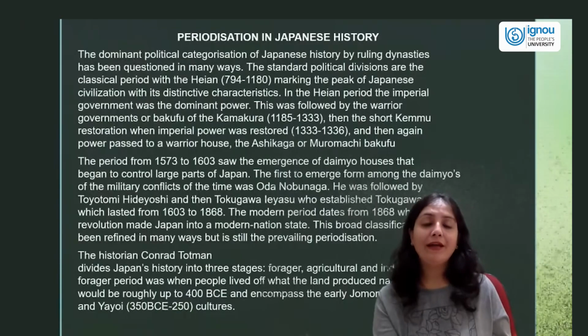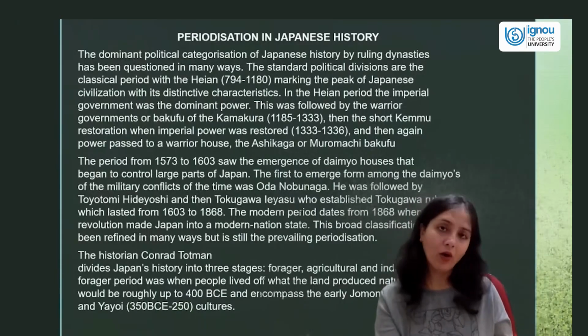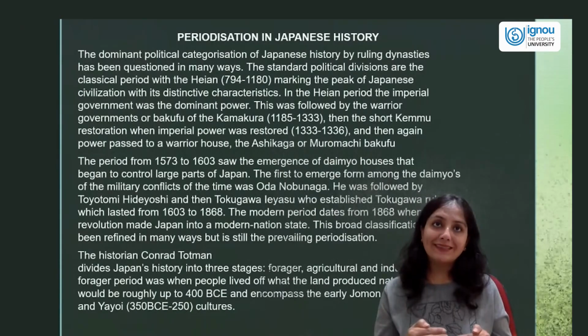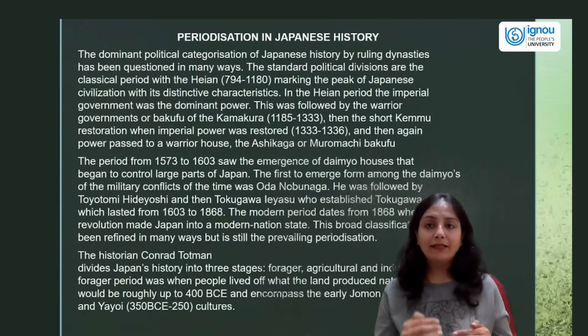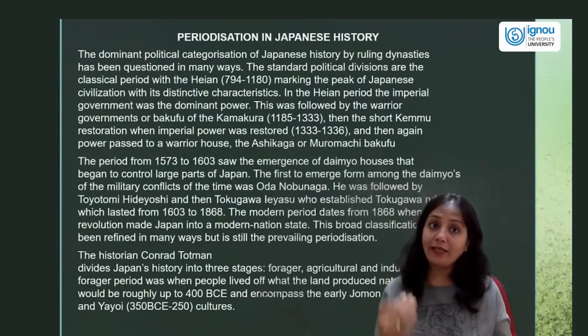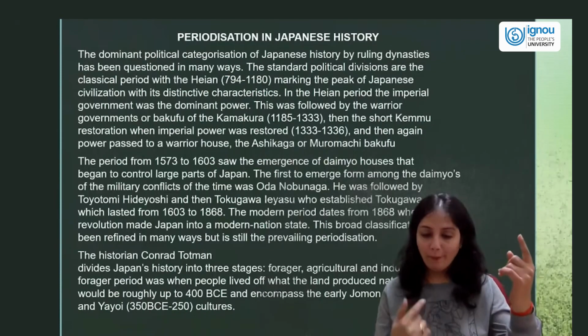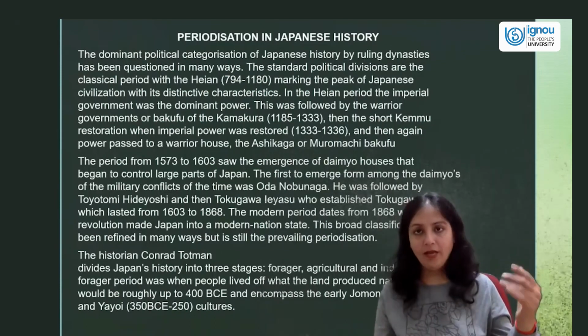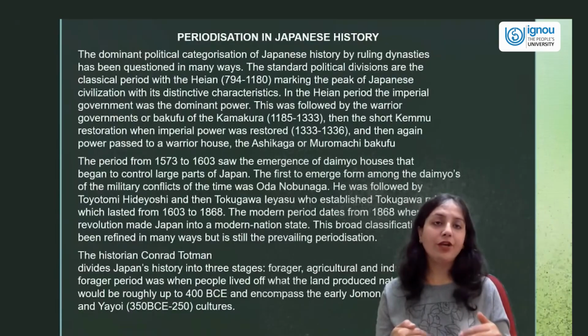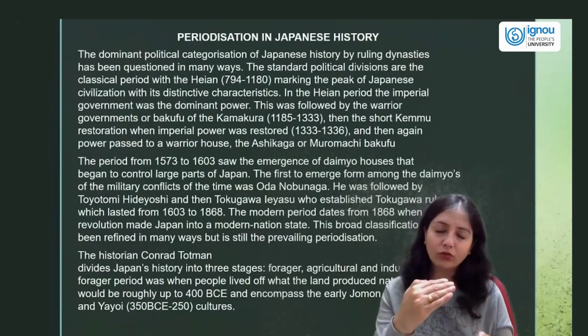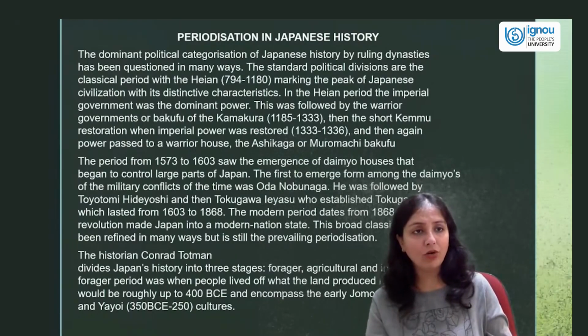Next is periodization in Japanese history. Just like if we study Indian history, we study three time periods: ancient, medieval, and modern. We are going to study Japan's history in a similar way.